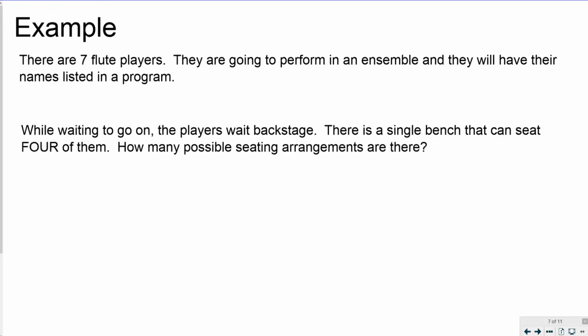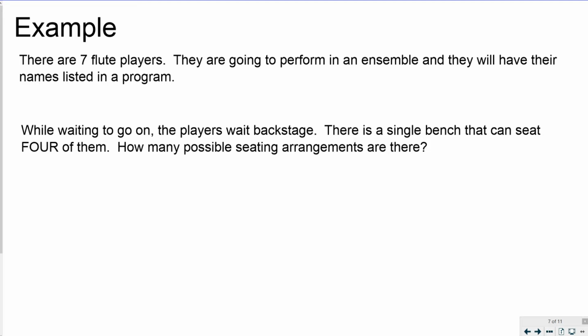All right, so let's do some examples. There are 7 flute players. They're going to perform in an ensemble, and they'll have their names listed in a program. While waiting to go on, the players wait backstage. There is a single bench that can seat 4 of them. How many possible seating arrangements are there?